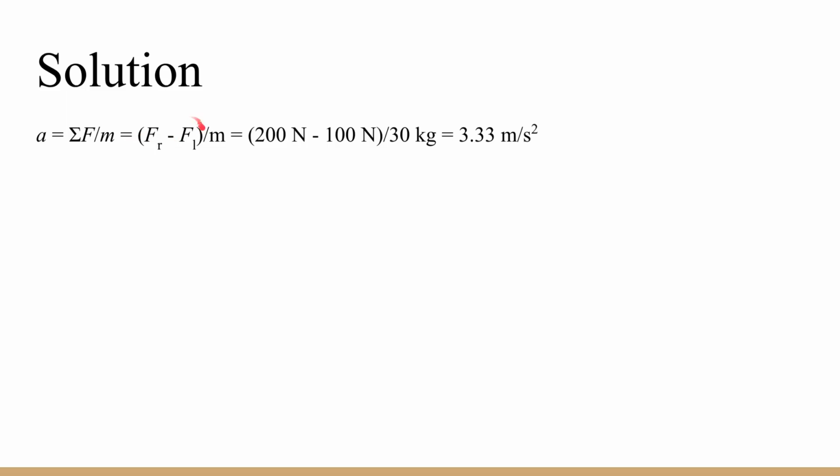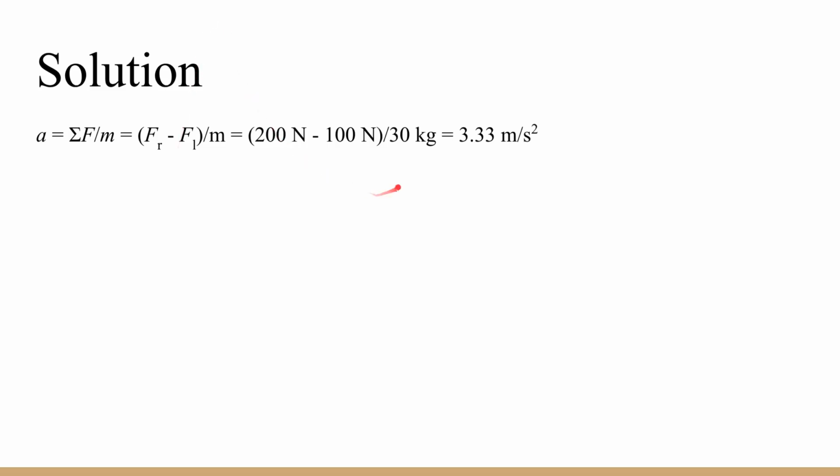And keep in mind, some students will probably try to solve the second law for both the right force and the left force, but that just gives you two different accelerations, and that cannot happen. It's the net force.